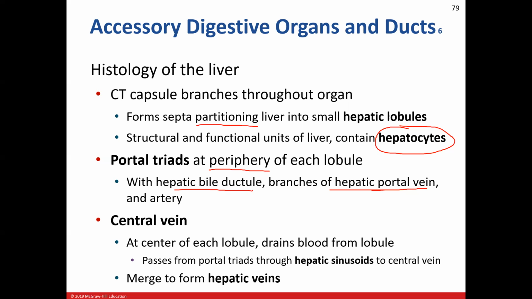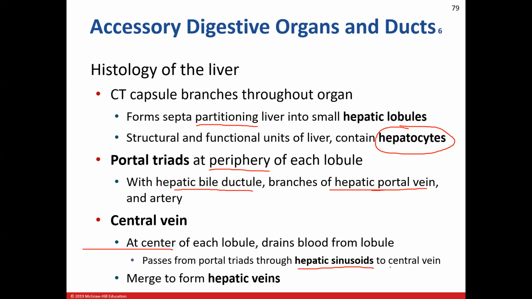At the center of these hepatic lobules is a vein, and it's aptly named the central vein, because it's at the center of the lobule. It's going to receive all that nutrient-rich blood that has already been filtered by the hepatocytes from these structures called hepatic sinusoids.